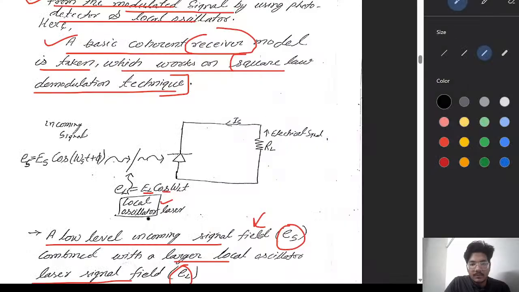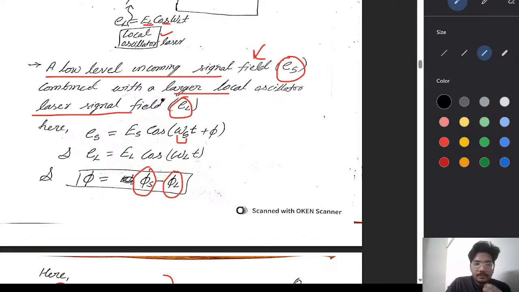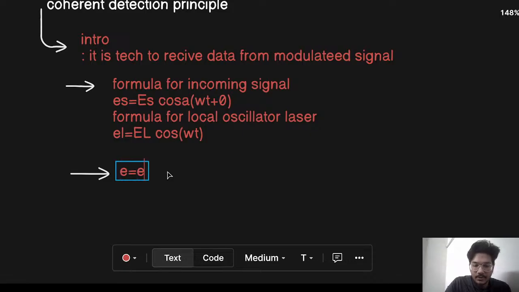After the formulas, combine the Es and El, so E is equal to Es plus El.